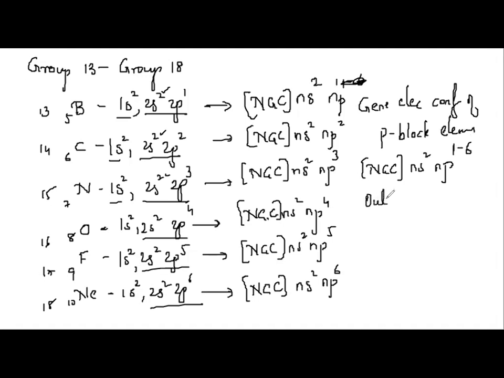If they ask only for the outermost electronic configuration, then it is ns2 np1 to 6. This is the outermost electronic configuration of all the elements of P block.